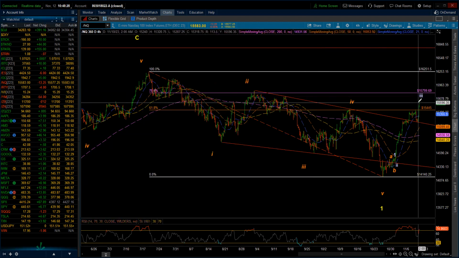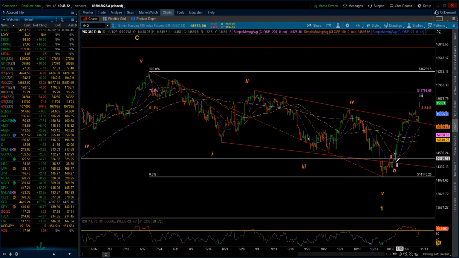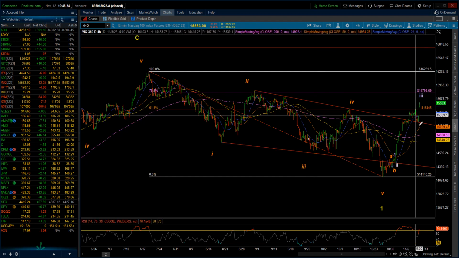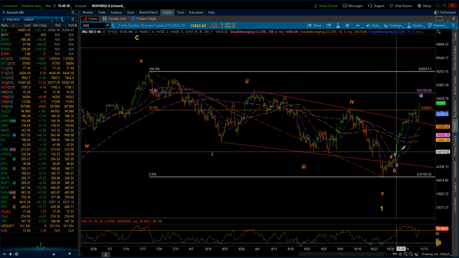But again, if I'm just counting the internals here, 3, and this is a little 4, I'd be hard pressed to put it together.